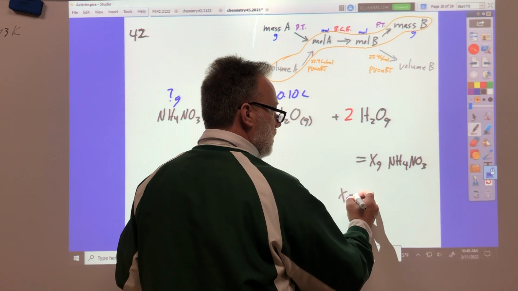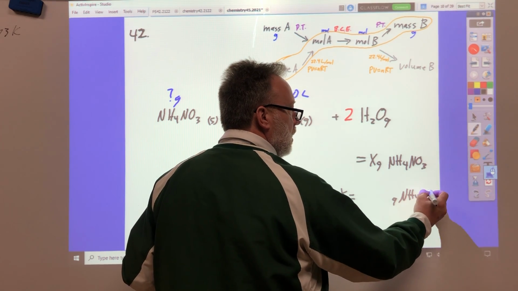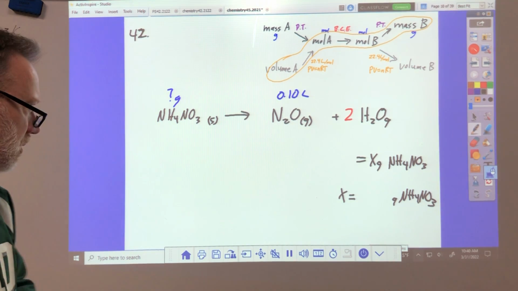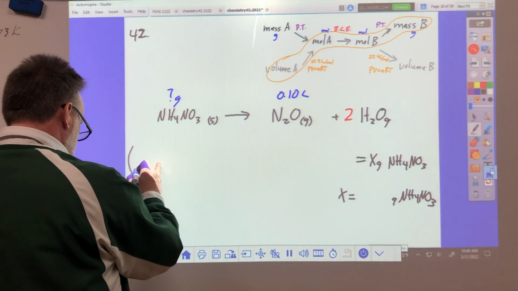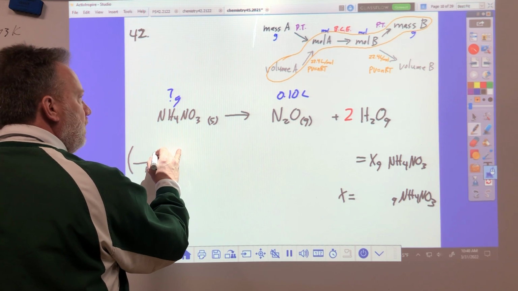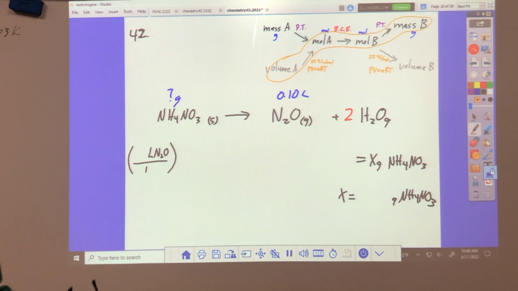And X equals so many or other grams NH4NO3. So we are going to start with 0.10 liters over 1 of N2O over 1.